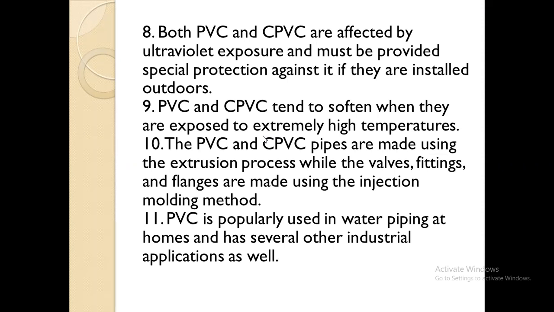PVC is popularly used in water piping at homes and has several other industrial applications as well. PVC and CPVC not only are used for the plumbing system, but in industries also, to carry solutions and all those things, we can use PVC and CPVC pipes.